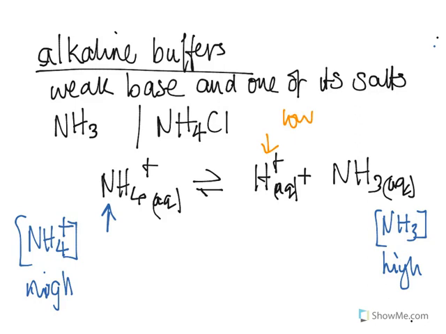And if you notice, this is actually quite similar in effect to the HA system, where NH4+ is the equivalent of HA, then we have H+, and NH3 would be the equivalent of A- in the acid one. So again, it's a conjugate acid-base pair, and it's a question of making sure that you've got them the right way round.